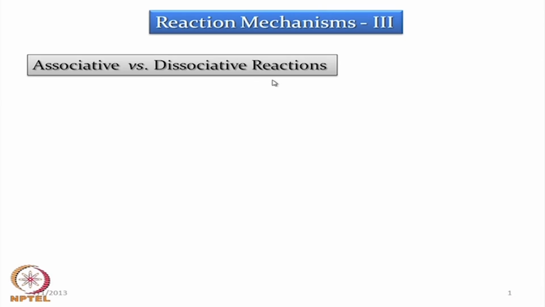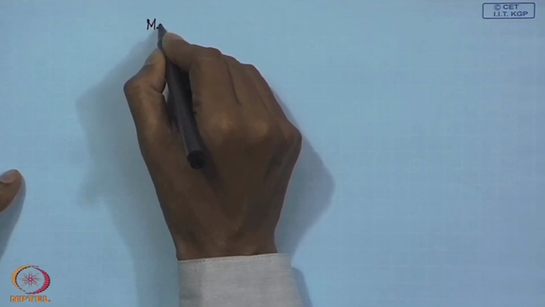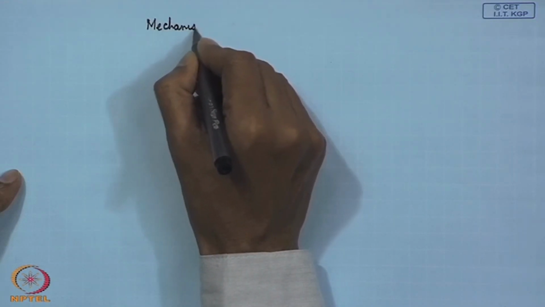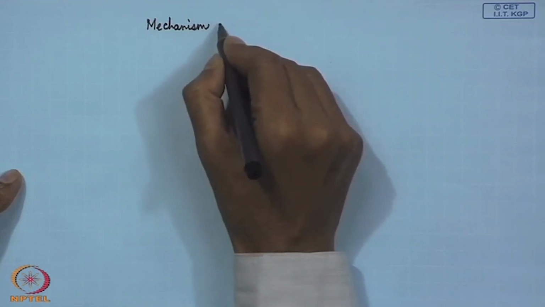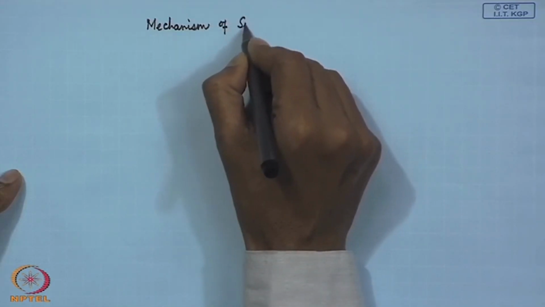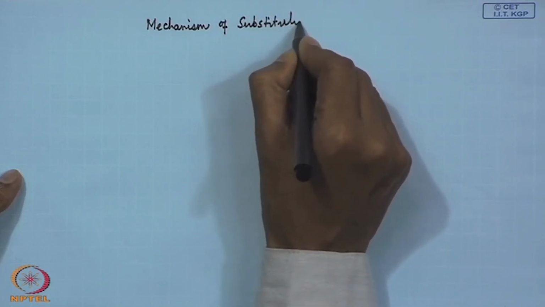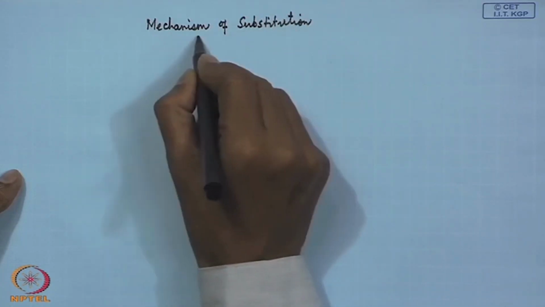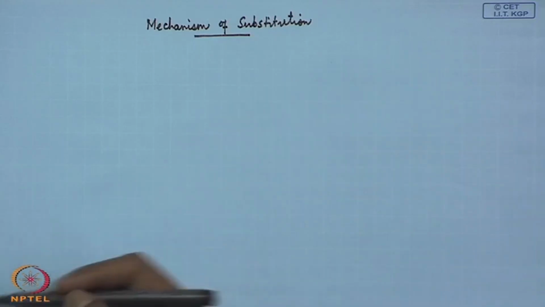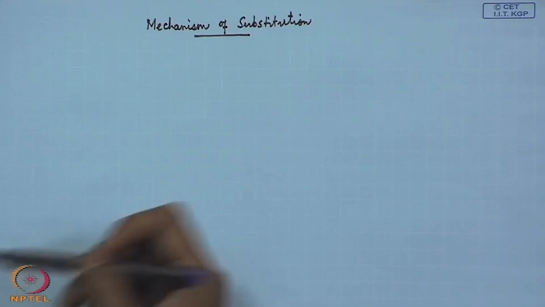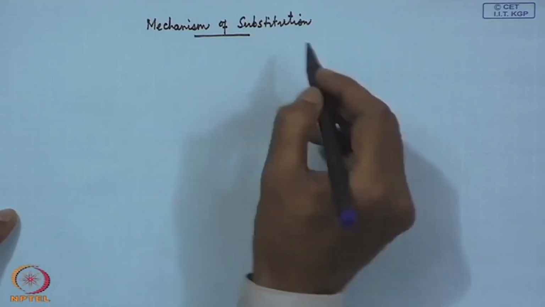So whatever we are talking about here is the mechanism of substitutions. If we have the mechanism of substitution, and we are talking about some of these ligands, the ligands will come.